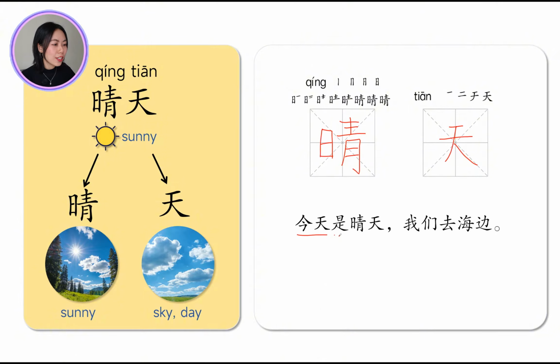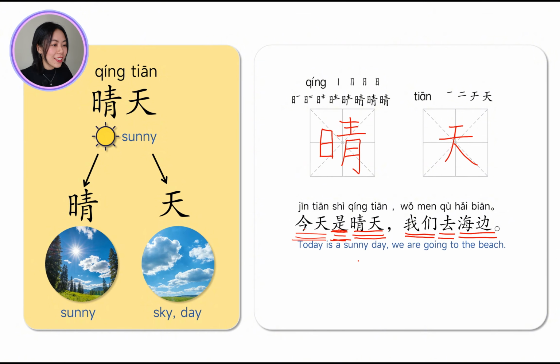今天是晴天，我们去海边。Okay, translation. 今天 today, 是 is, 晴天 sunny day, 我们 we, 去 go to, 海边 beach.